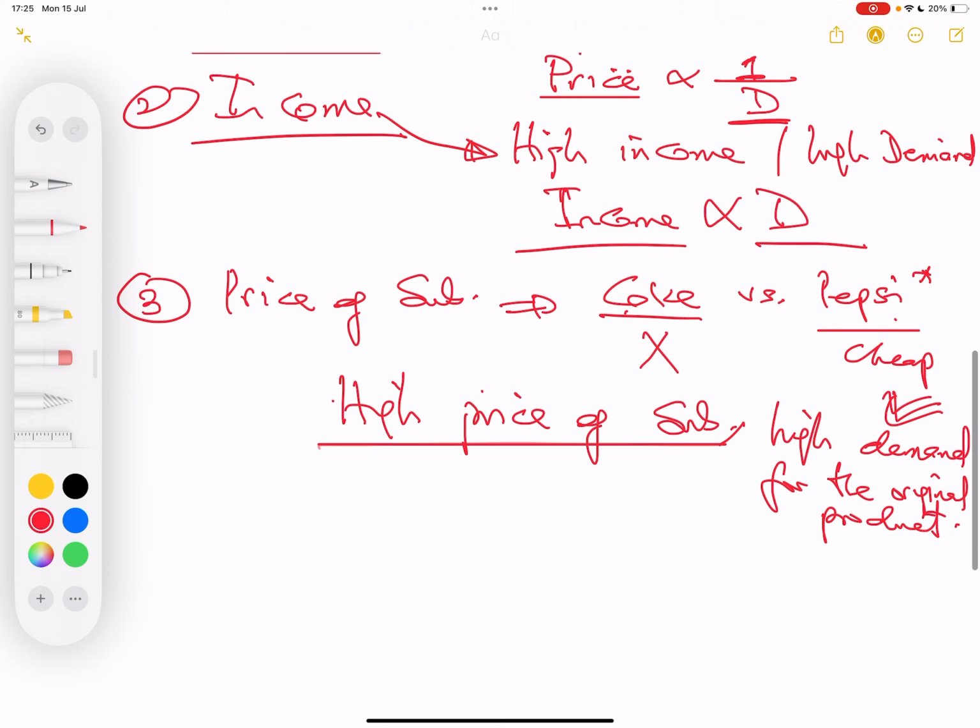If the substitute is expensive, people will go for the other product, and if the substitute becomes very cheap, people will go for the substitute.